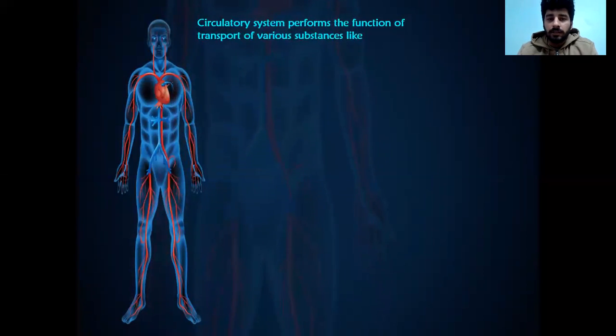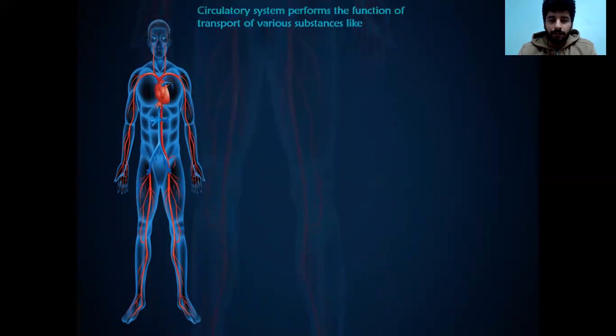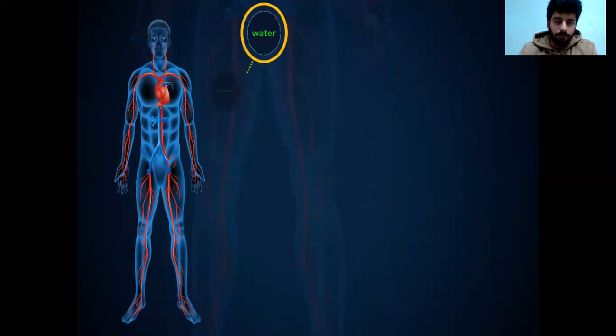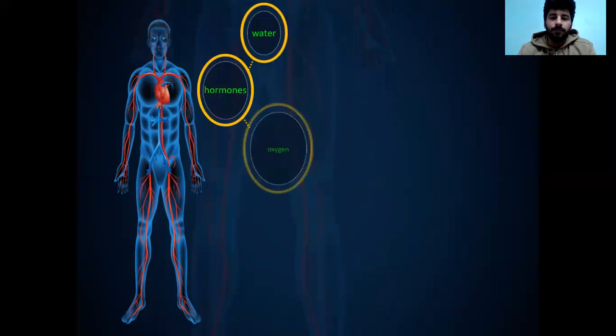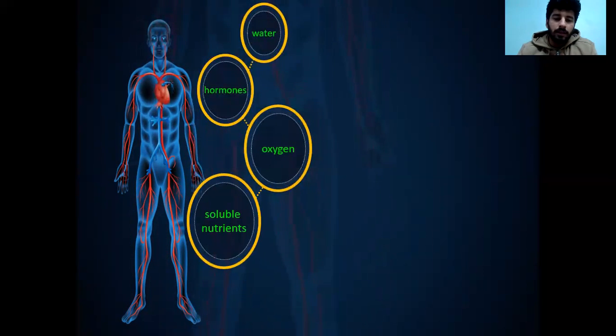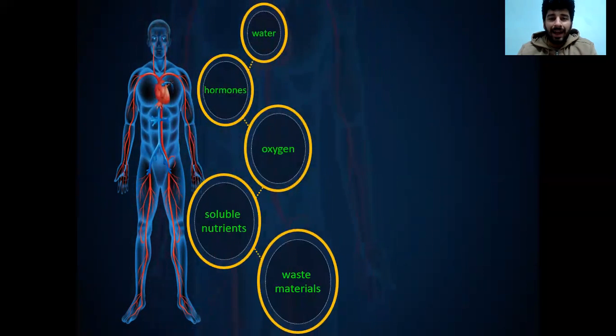It transports various substances which include water, hormones, oxygen, soluble nutrients, and waste material. Now all of this is either absorbed into the body at a specific location, and then it is going to reach each and every cell, each and every organ of our body.